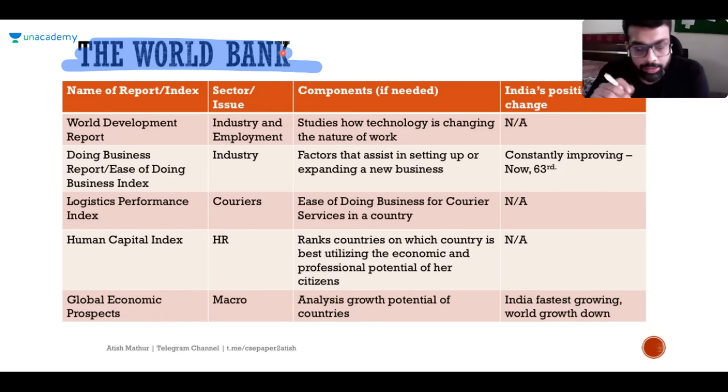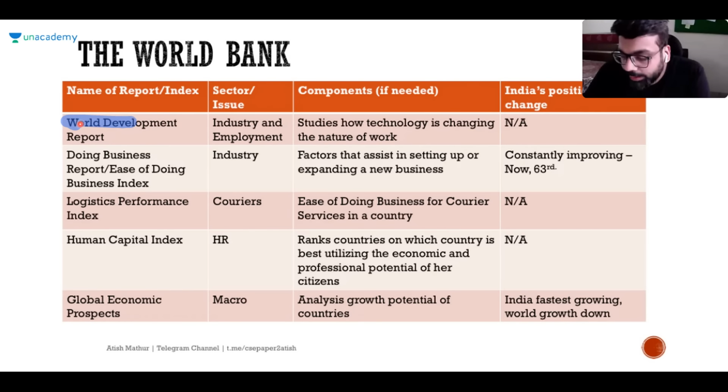The first is called the World Development Report. Now, this report is largely on industry and employment, workforce and wage conditions, employment conditions and the quality of work.